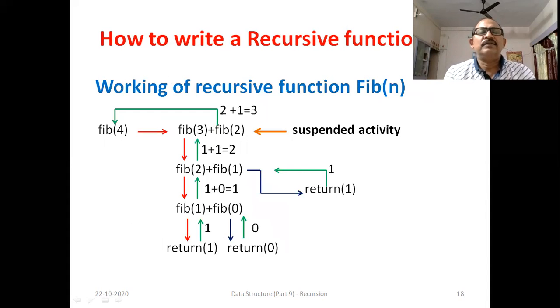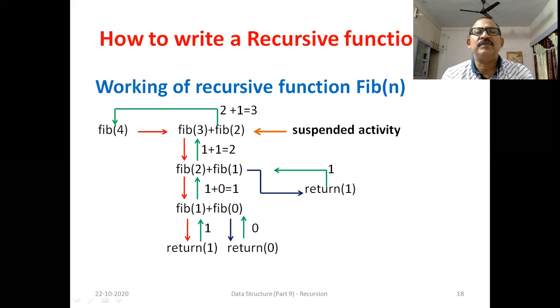Let us again see the working of this recursive function fib(n). Suppose we want to determine the fourth term of the Fibonacci series. In that case, we call the function fib with parameter 4. Here you can see in the function, 4 is not equal to 0 or 1.